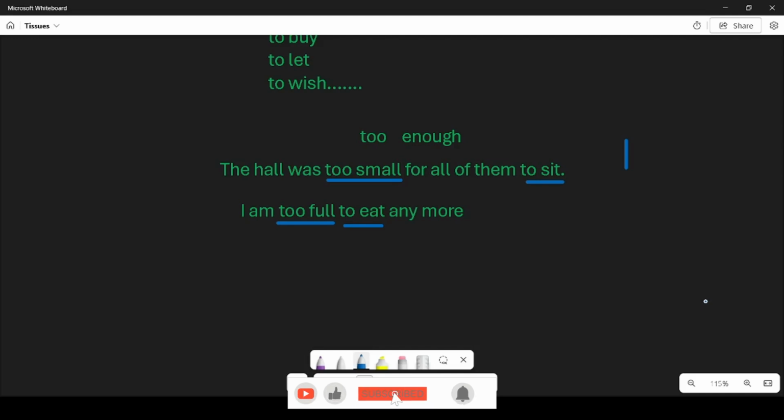The speech will not be loud. Everyone will not be able to hear it. The speech will not be loud enough for everyone to hear. Now we're talking about enough. So let's see.